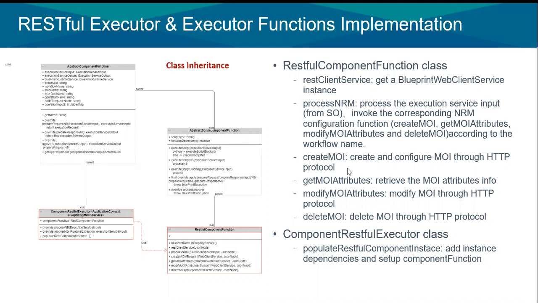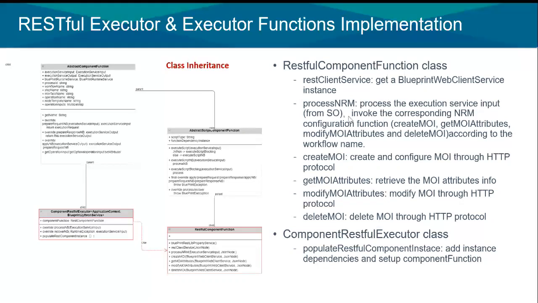This figure shows the information about the class inheritance. We defined one new RESTful executor and the corresponding component functions. And in this class, it has 6 functions. REST client service will get a new blueprint web client service instance.